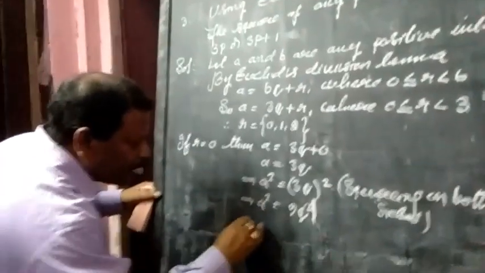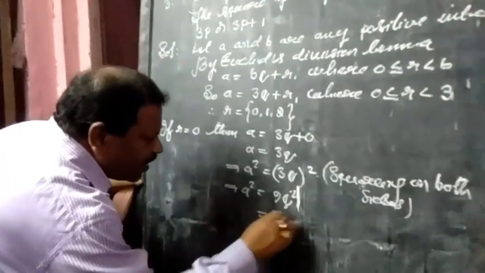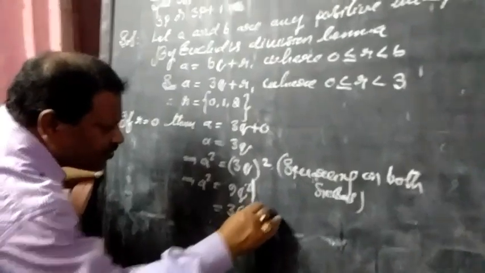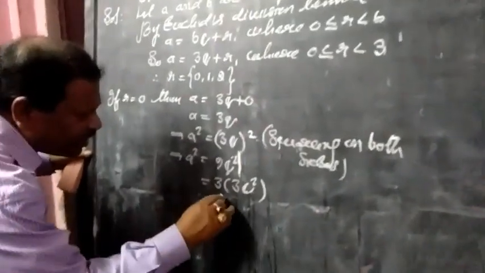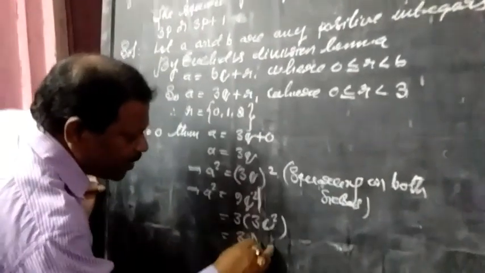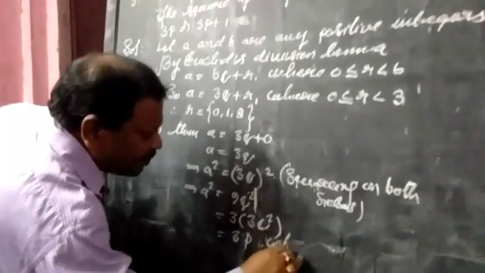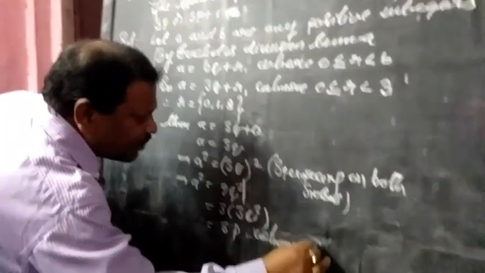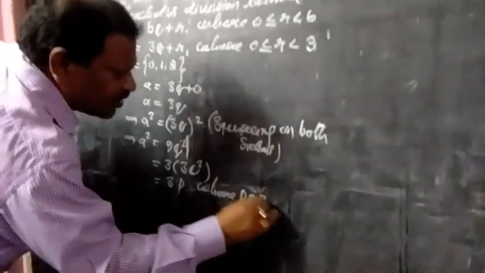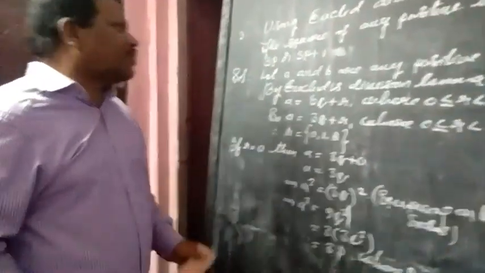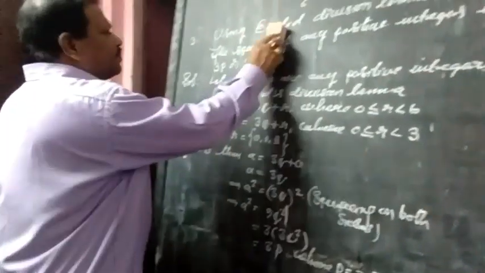So A square is equal to 9Q square, equal to 3 into 3Q square. So 3 into 3Q square equal to letter P, where P is equal to 3Q square. Okay, first step. Next, another step.